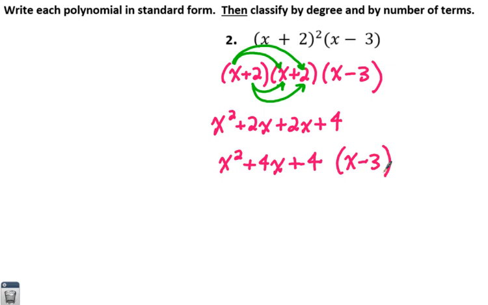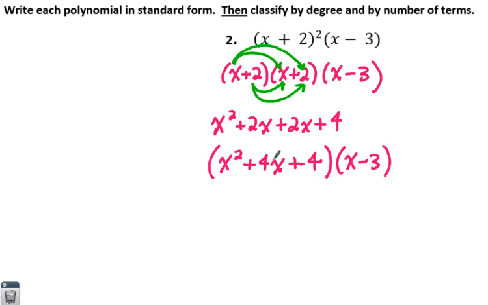Now this is kind of an intricate small detail, but so important. Don't forget that we're multiplying all of this to that third bubble, okay? So more multiplying to do. Watch carefully for a second. I'm going to distribute the x squared to both of these: x squared times x, and then x squared times negative 3.